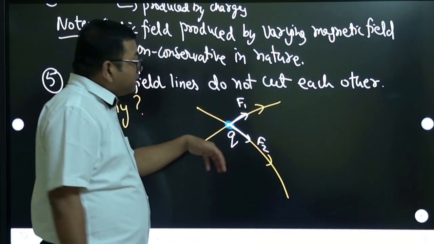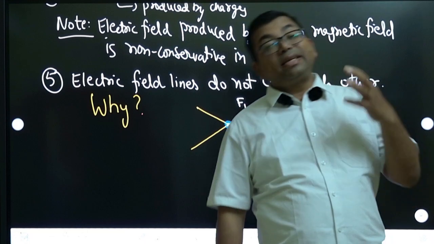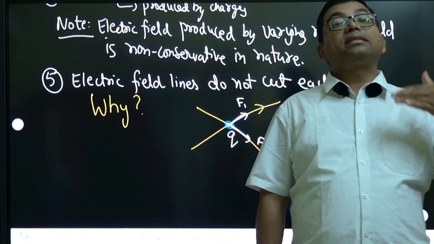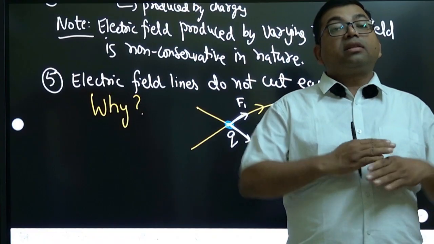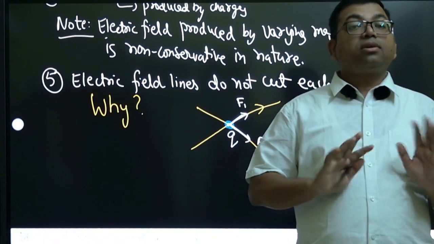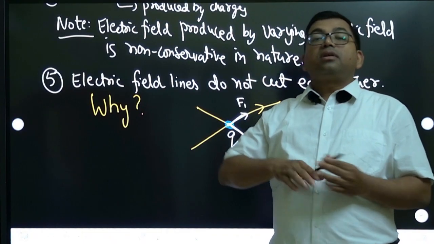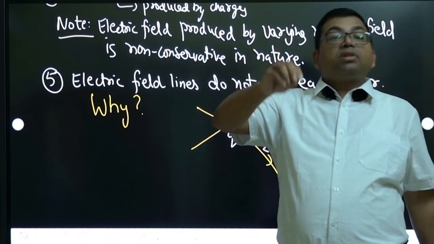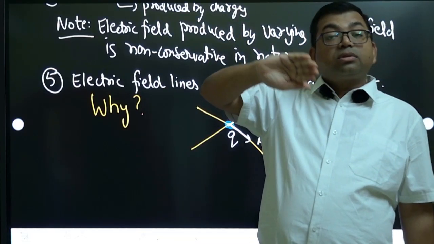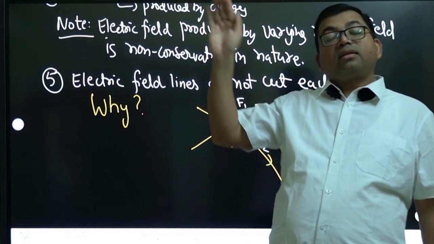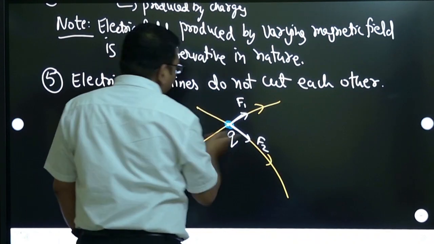See, the idea is that whenever you are representing field lines, you are representing the resultant field line, not that you represent separate fields, do a calculation, and then draw the resultant. You are putting a test charge, and the line along which the test charge moves is the field line. But if field lines cut, then how will it move?